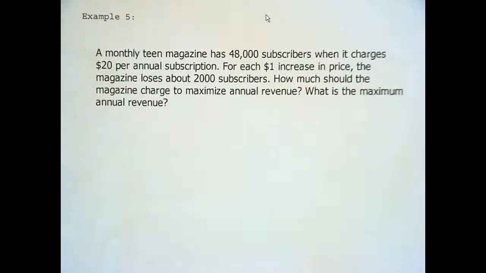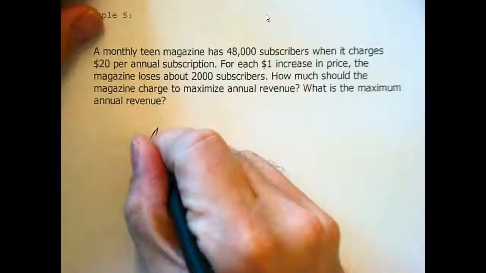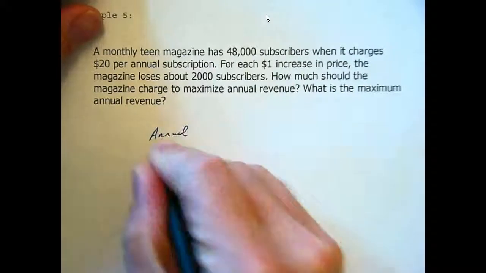All right. Hey, you guys, it talks in this problem about maximum revenue. So first you have to have some context of what revenue means. Okay, how do you find revenue? It means like money brought in. Okay, if you're a magazine company, the way you're going to get your revenue is by selling magazines.